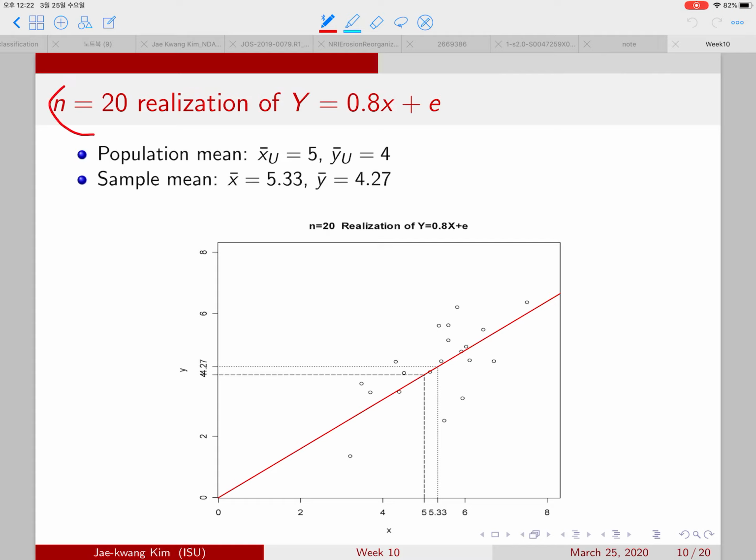The sample has 20 points. If you count these dots, you have 20 of them. These are the sample, and the red line represents the true line.